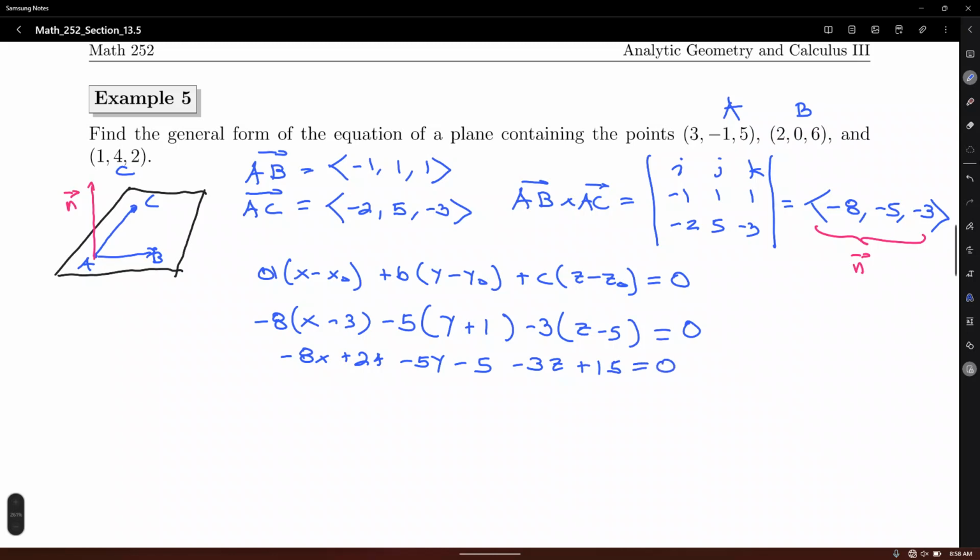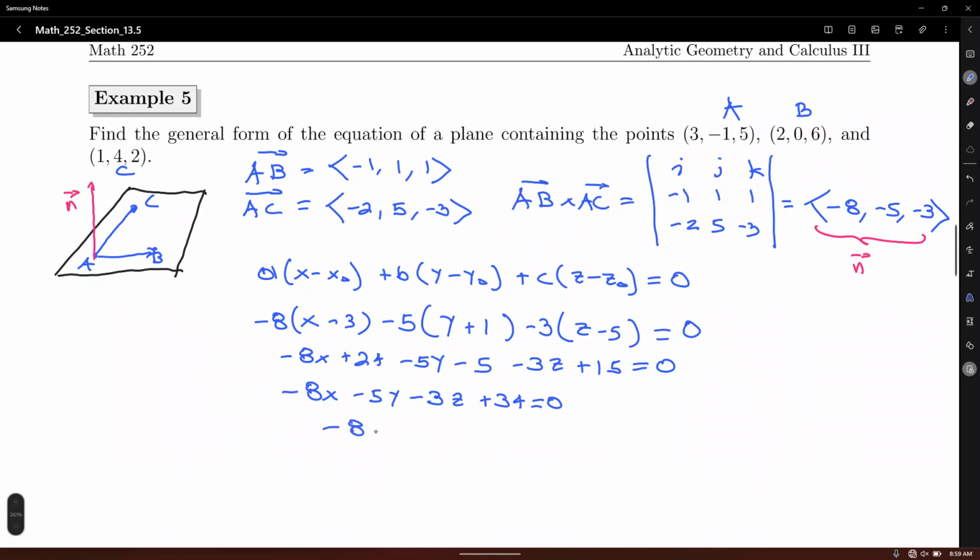Okay, let me put the variable terms first. That's negative 8x, minus 5y, and minus 3z. And combine the constants together: 24 minus 5 plus 15, that's equal to 34. Set it equal to 0. But the general form of the equation asks for the variable terms on the left-hand side and the constant term on the right-hand side.